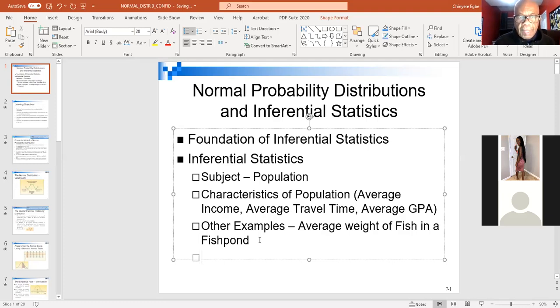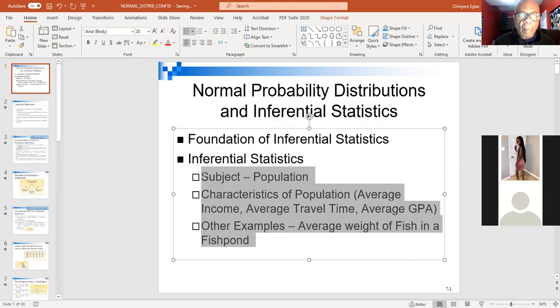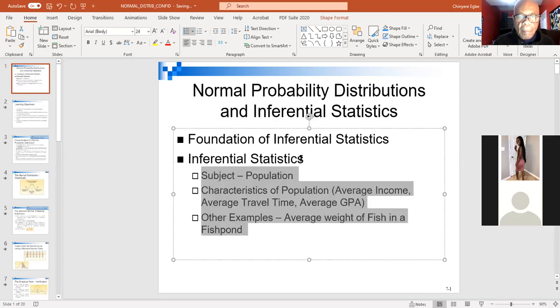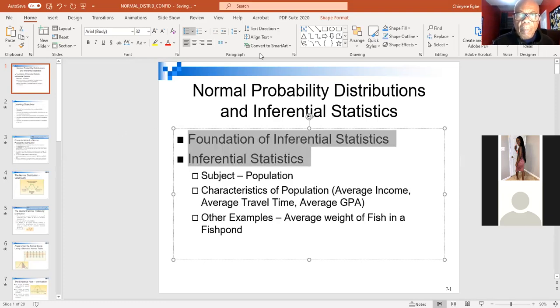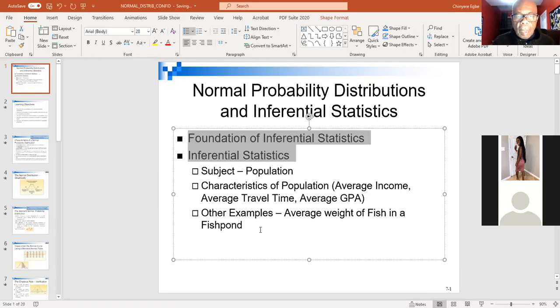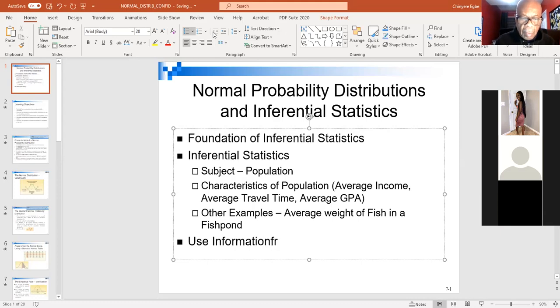And so our objective is to do what? Our objective is to use information from a sample to make judgment or inference about the population.